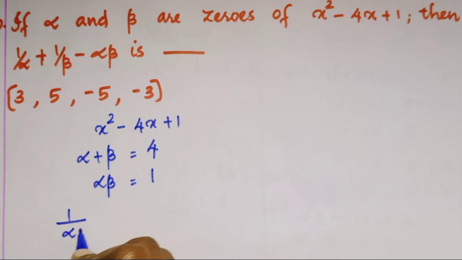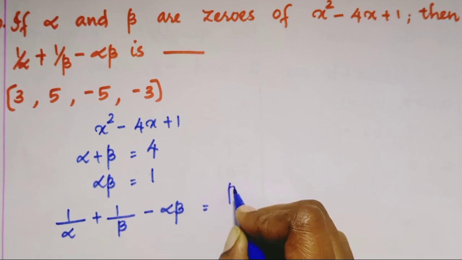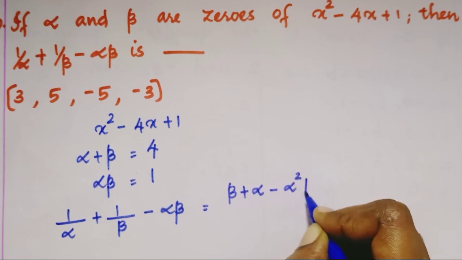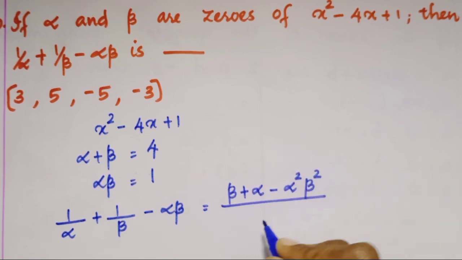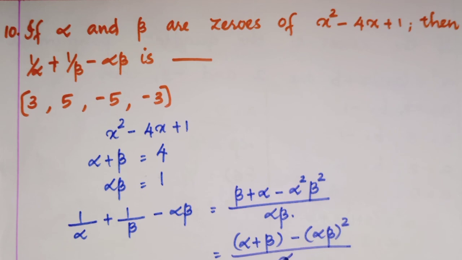1 by alpha plus 1 by beta minus alpha beta is equal to, let us take the LCM. Then, yes, beta plus alpha minus alpha square beta square divided by alpha beta. That is equal to alpha plus beta minus (alpha beta) the whole square divided by alpha beta.